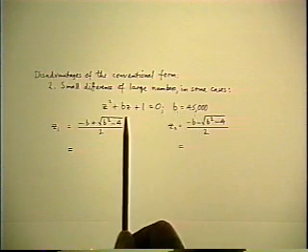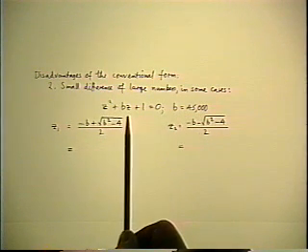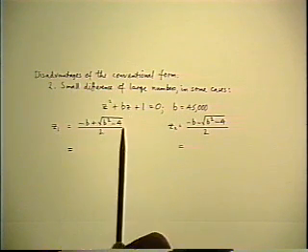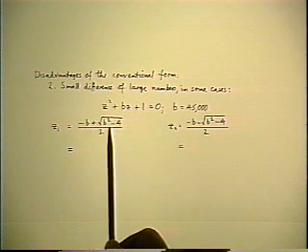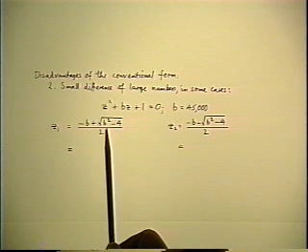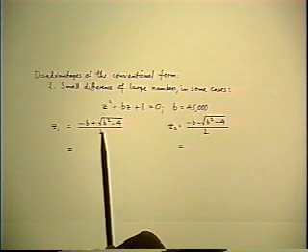Let's take b equal to 45,000. The conventional formula reduces to this version now with a equals 1 and c equals 1. If you have a pocket calculator with you, you might like to go through this yourself right now.